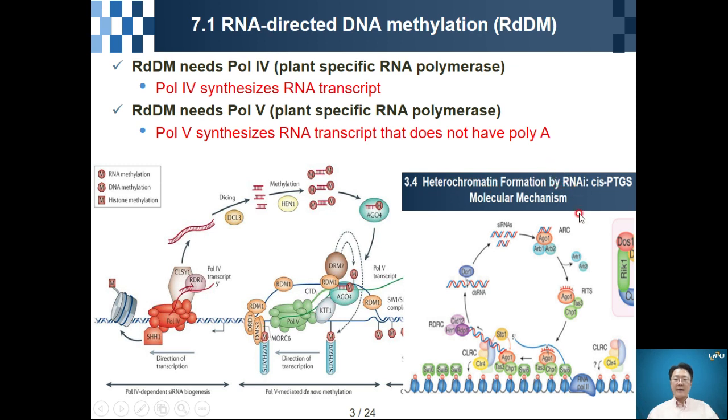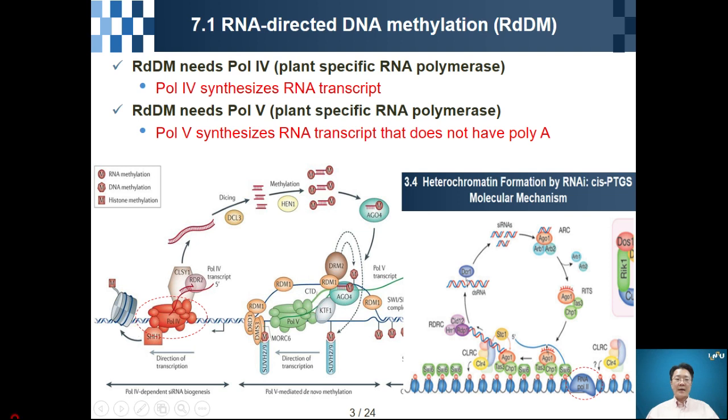At that time, RNA polymerase II was involved in this step. This is RNA polymerase II. However, in plants, RdDM especially needs a plant-specific RNA polymerase. For example, here, this is RNA polymerase 4.